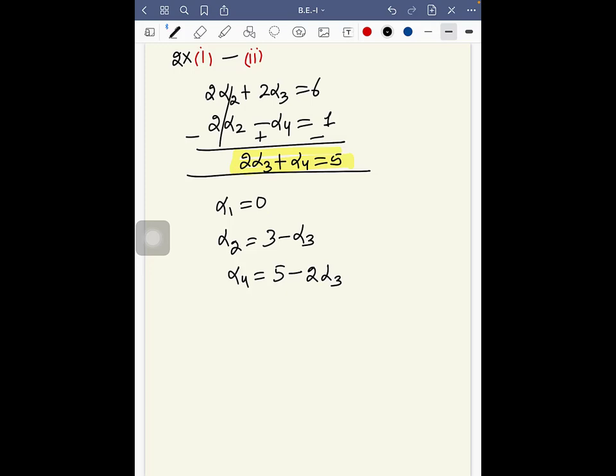So you can write alpha 1 is equal to 0, alpha 2 is equal to 3 minus alpha 3, alpha 4 is 5 minus 2 alpha 3, and alpha 3 is alpha 3. Basically it can take any real value. So if you substitute the values of alpha 3, you will get the corresponding values for alpha 2 and alpha 4. So that means we have infinitely many solutions for this system of equations.